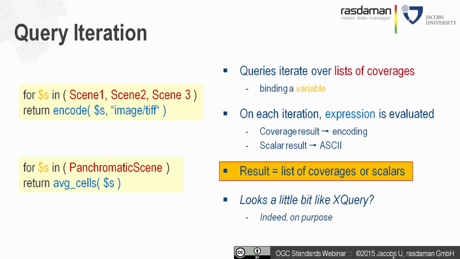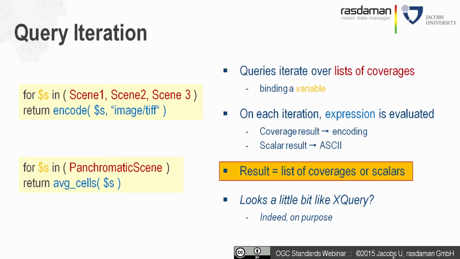So what we do here is iterate over 3 scenes, scene 1, 2, and 3, and we want to return the whole scene encoded in TIFF format. So the coverage result will be encoded and sent over.